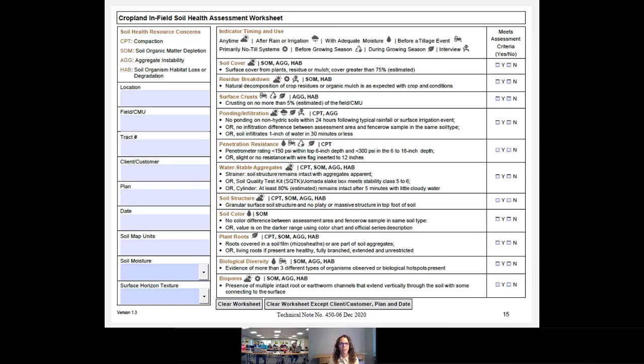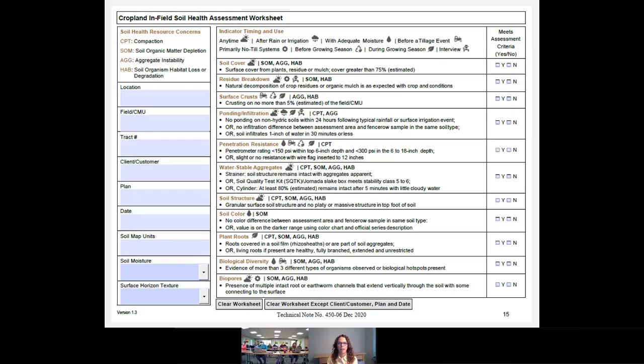processes. So the way it's laid out, you have the resource concerns identified here on the left side of the screen at the top: compaction, organic matter depletion, aggregate instability, and soil organism habitat. And you can record some details about the field location and details about working with the client. And then the center outlines all of the soil health indicators that we can evaluate and when is the best time to do so in terms of weather or irrigation events or tillage or where in the growing season.